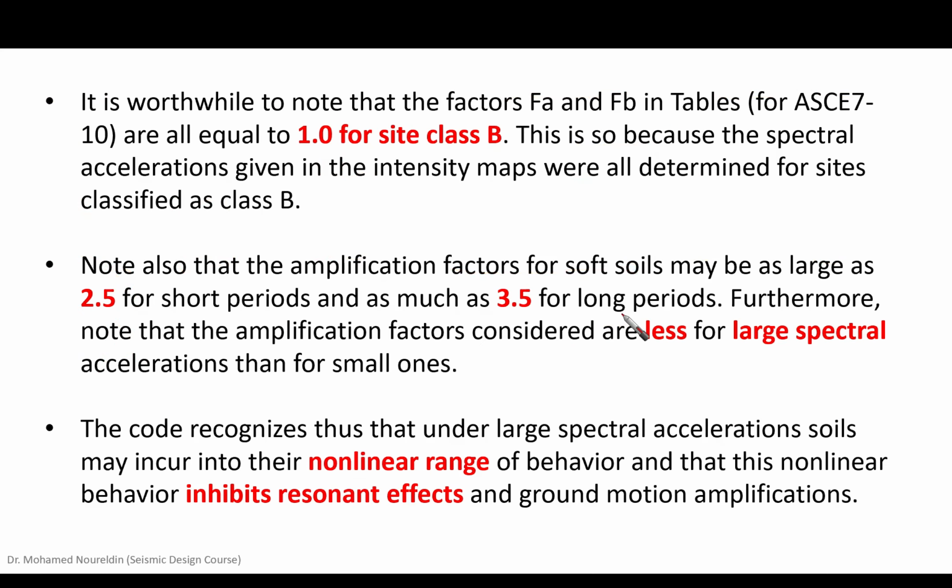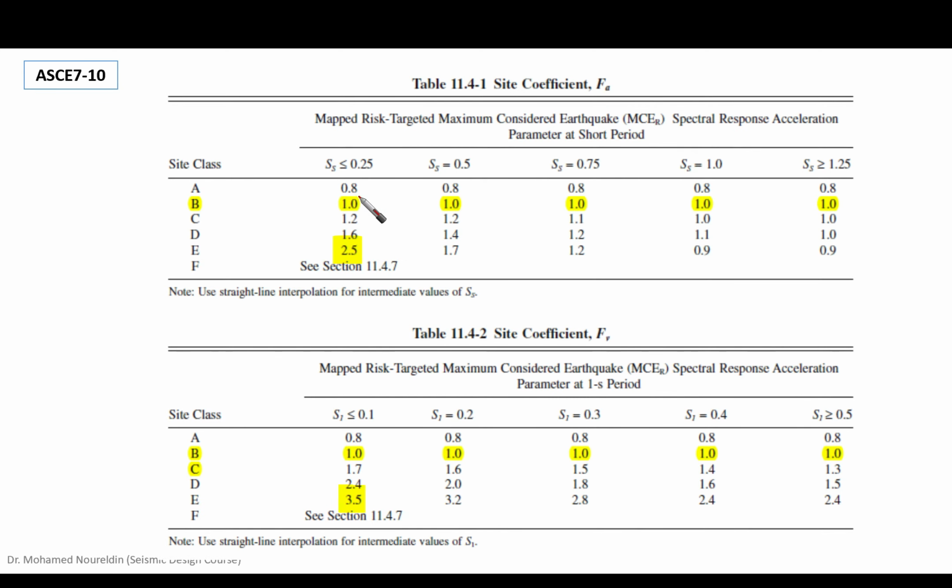We can put these notes here. It is worthwhile to note that the factors FA and FV in the tables are all equal to 1 for site class B. This is right because it is recorded as default values, which is 1 for all, because the site class is considered to be B. For this we do not make an amplification or reduction due to the site class, but for other types of classes we need to consider it.